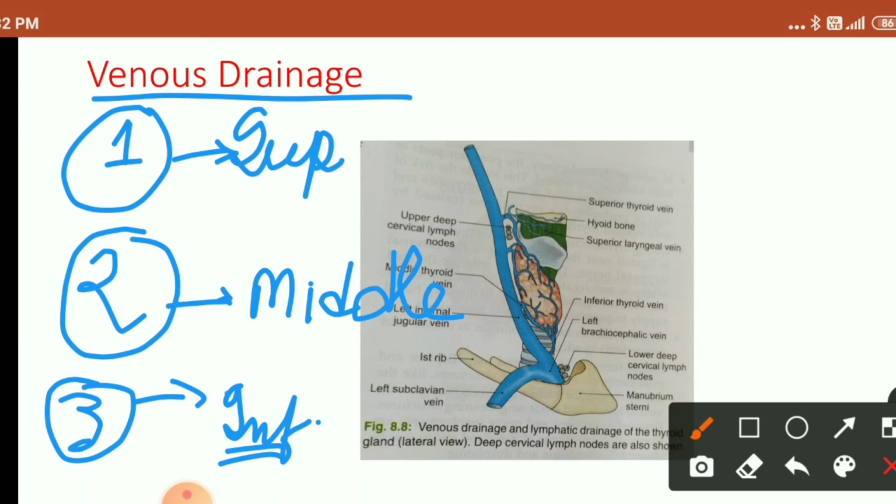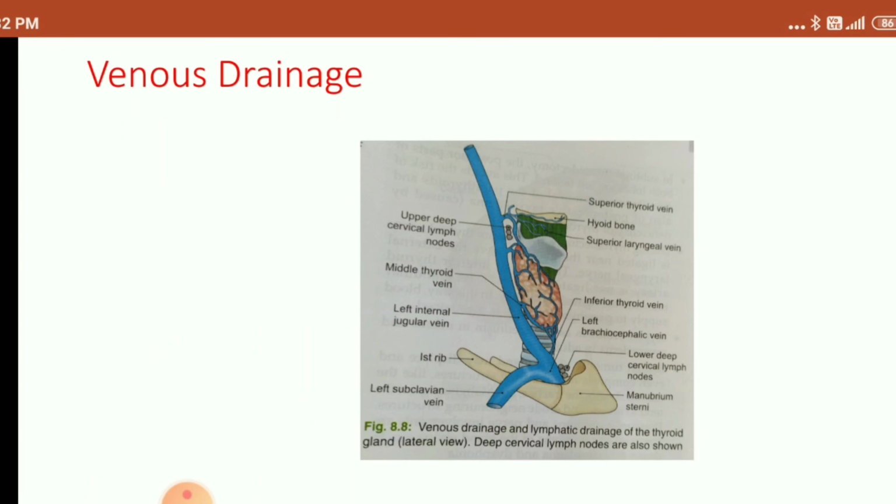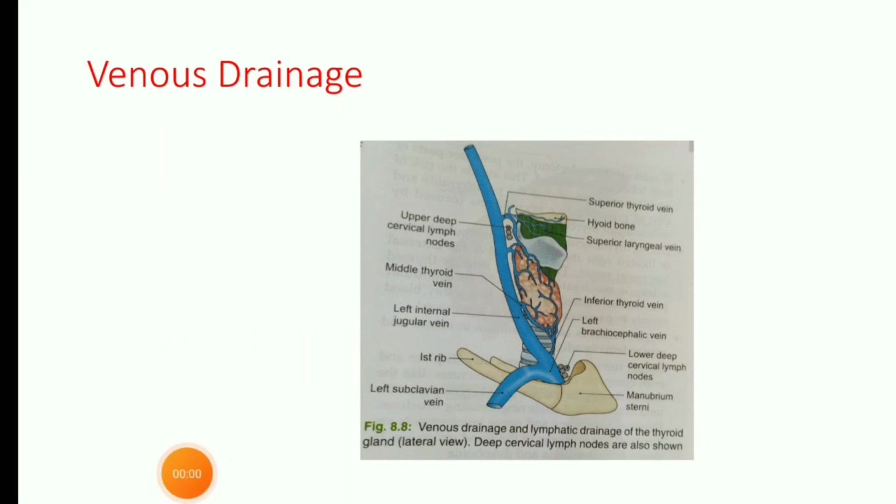Now always remember that the superior thyroid vein and the middle thyroid vein drain into the... okay, now we come to the venous drainage.